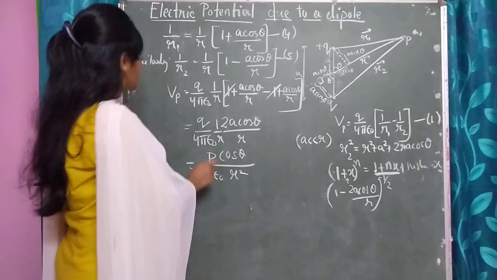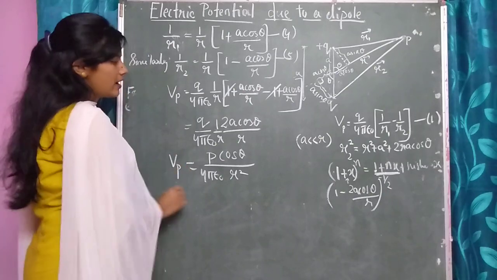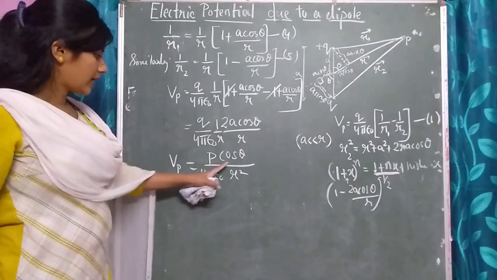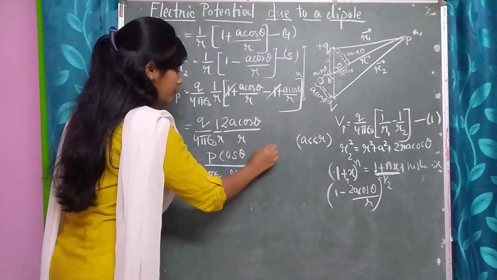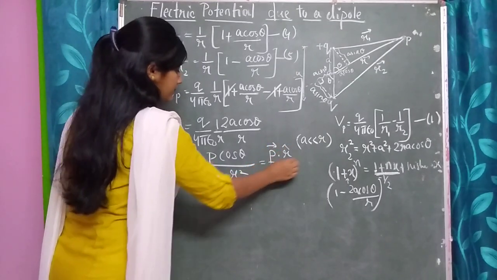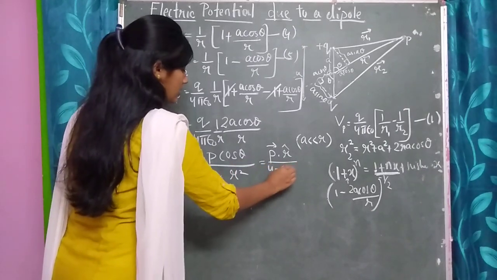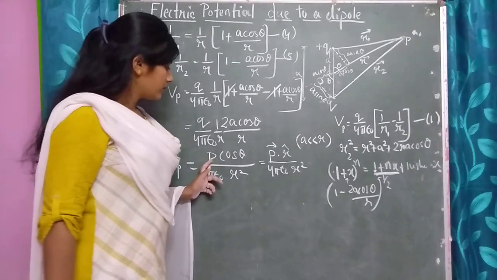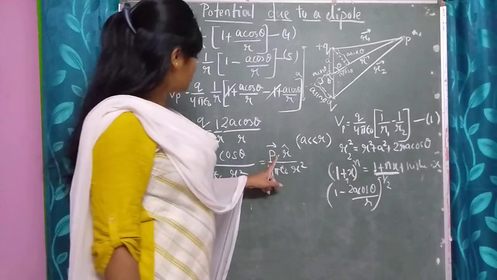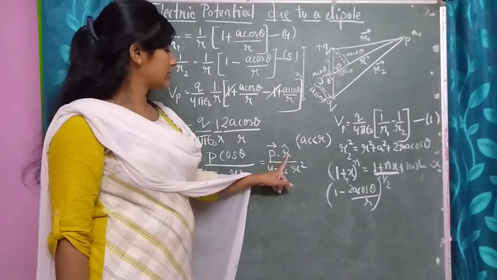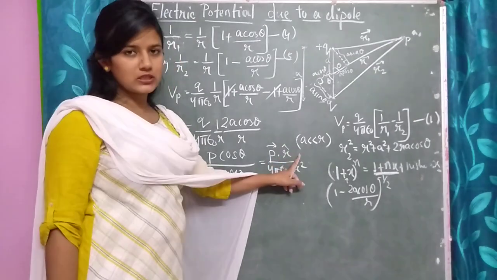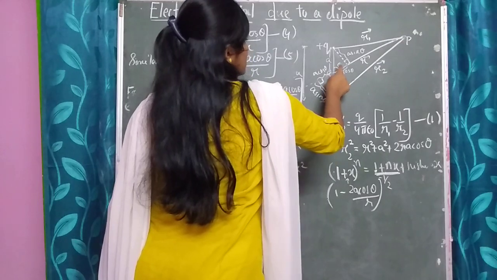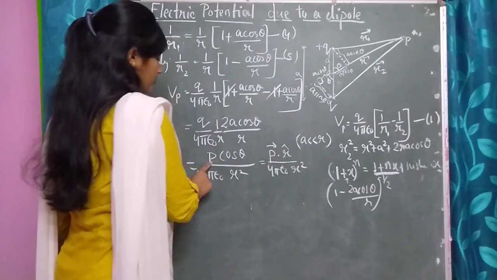This is the expression for potential at point P due to the dipole, and I can write it again as p vector dot r cap is p cos theta, with the same denominator. Writing this dot product p dot r cap gives p r cos theta, and r cap is the unit vector along this direction as our theta is this. So p dot r cap gives you p cos theta.